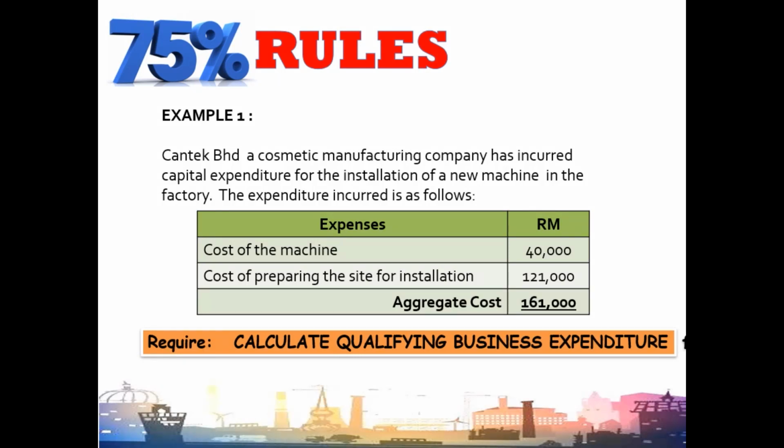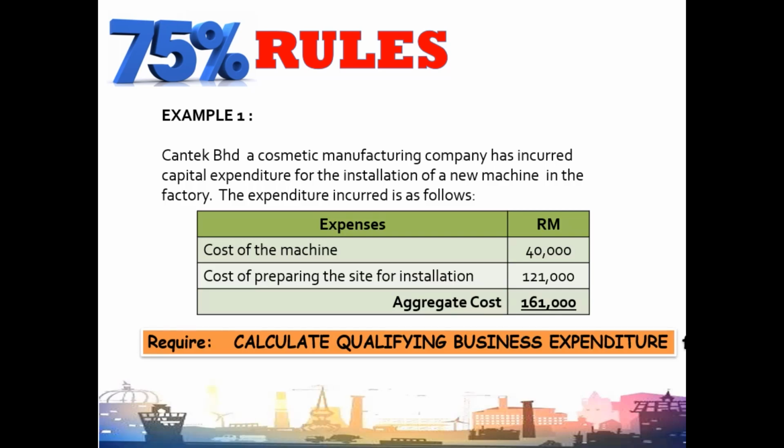Okay. So this is the example for the 75% rules. Cantik Berhad, a cosmetic manufacturing company, has incurred capital expenditure for the installation of a new machine in the factory. The cost of the machine is 40,000 and the cost of preparing the site for installation is 121,000.